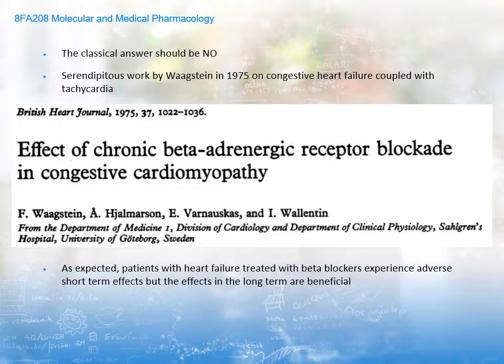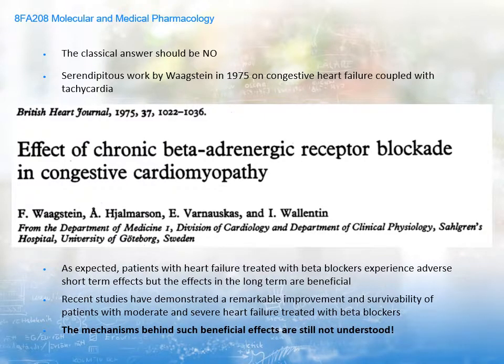Obviously, and this was expected, patients with heart failure that were treated with beta blockers initially experienced adverse short-term effects. That means that in the short term, these patients suffered from a depression in cardiac function, as would be expected. The interesting thing is that it was shown that the long-term effects were beneficial instead of being bad for the patients.